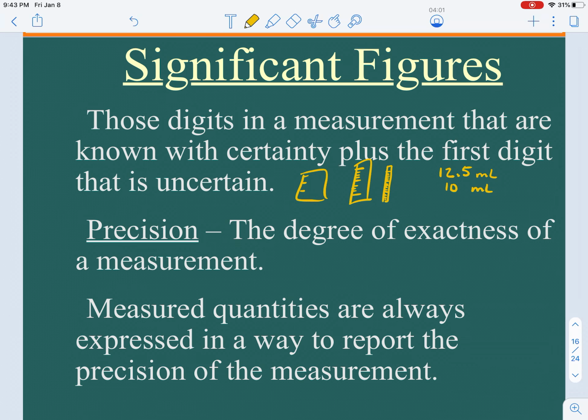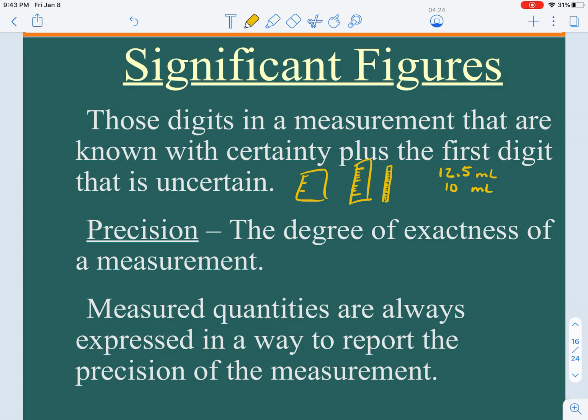So the least precise measurement that you are working with is going to limit how precise your final answer will be. So this is what we're going to keep in mind whenever we're performing our calculations in our class. When we perform a calculation using different variables, they're going to come with different amounts of precision.